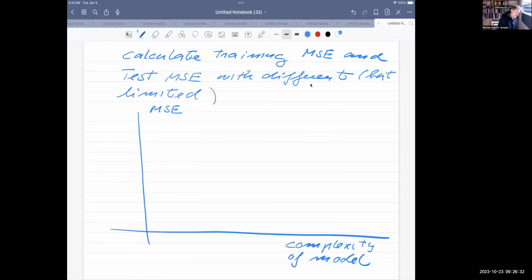So I could now get a result which looks like this with one data set. Let's just call this MSE train T1. So I generate randomly a data set, and then I split this data set into train and test. And then I compute the mean squared error. Suppose I generate 1,000 points randomly.